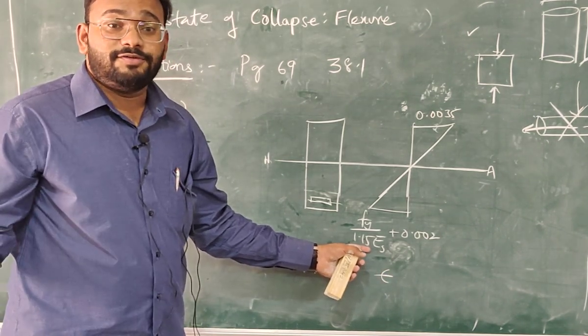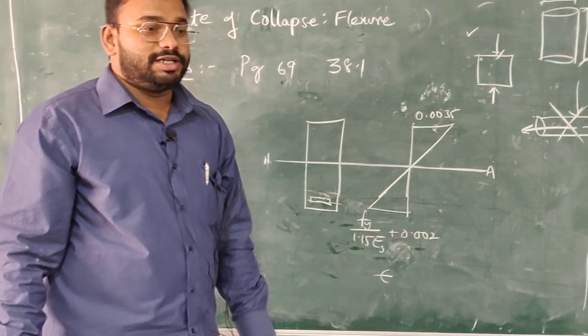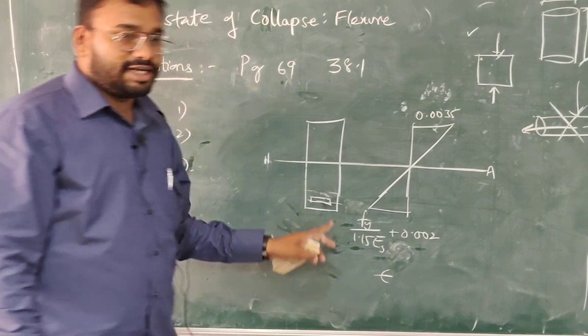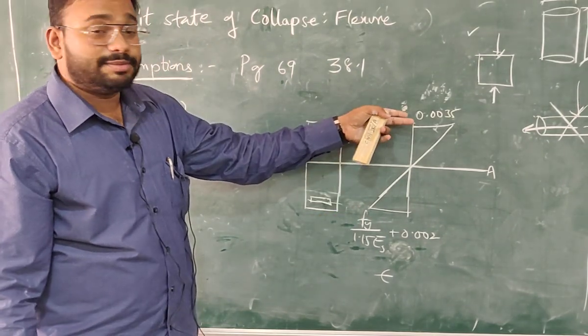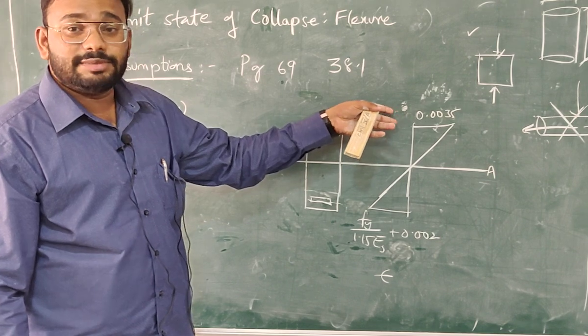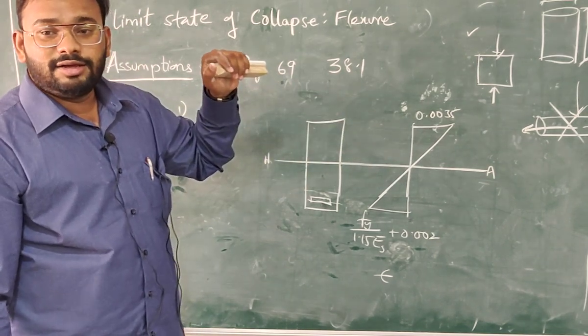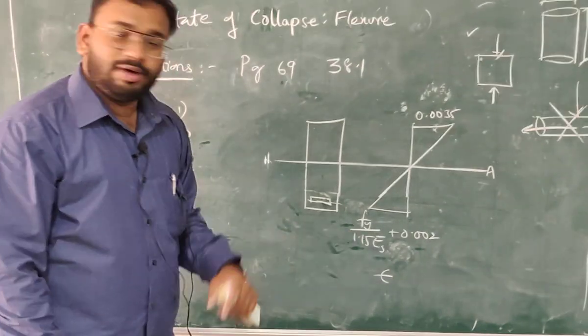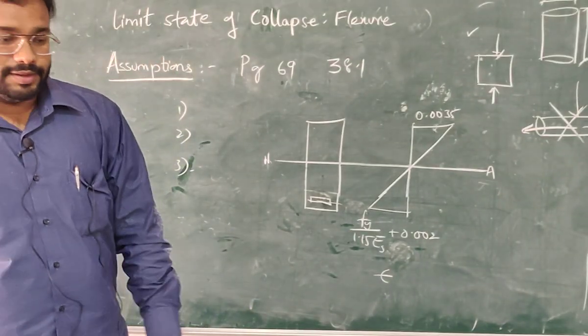Factor of safety for steel, plus 0.002. So these are the parameters which are discussed here. Whereas for maximum strain, if you see the second assumption, what does it say? Maximum strain in concrete is 0.0035. For steel, you have got the values now.